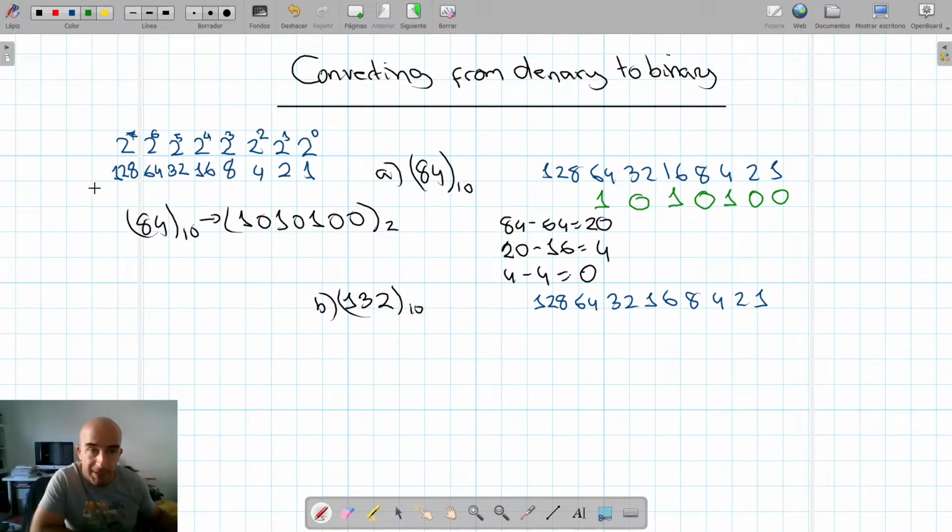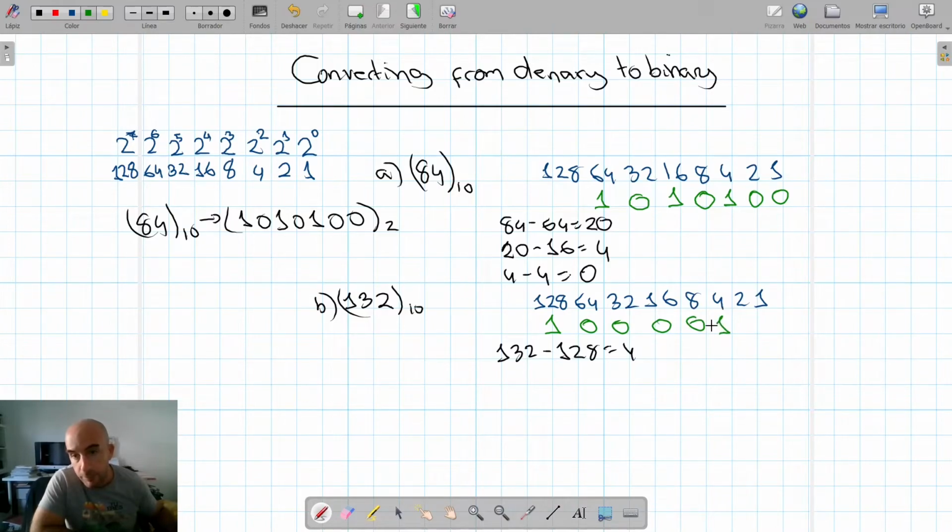128: if we use the next power, it's going to be higher than 132, so that's a 1 here. Let's look at how much we have remaining. 132 minus 128 is 4, and that's great because that's a power of 2. So then we have 0 here, 0 here, 0 here, 0 here.